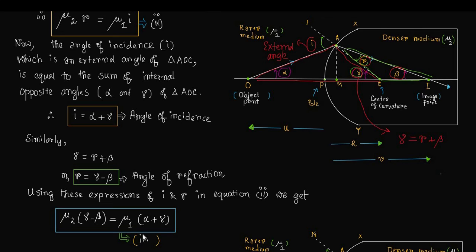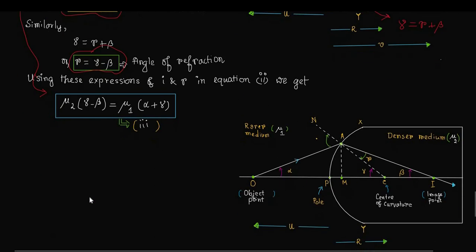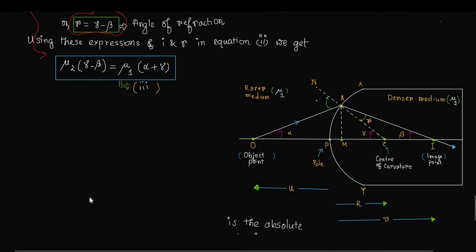That is equation 3, where I is equal to alpha plus gamma and R is equal to gamma minus beta.